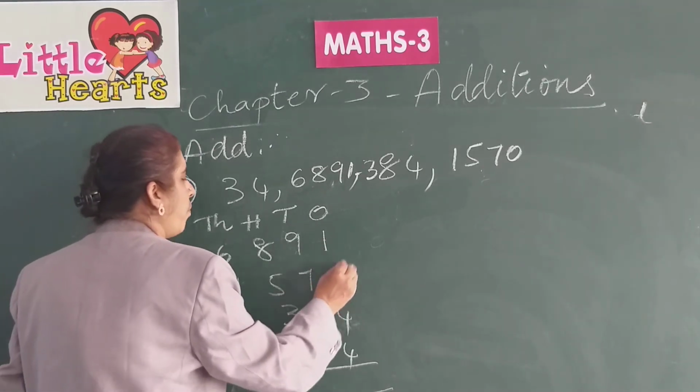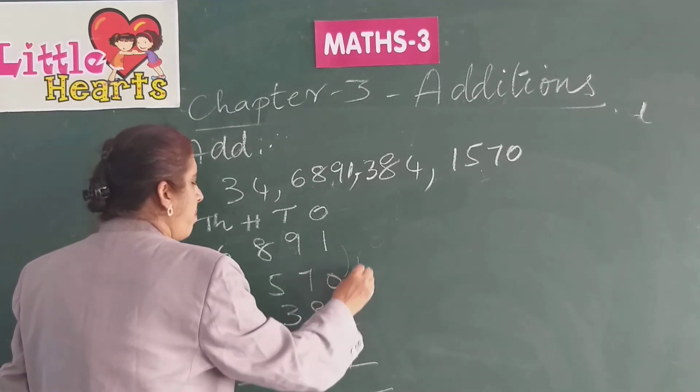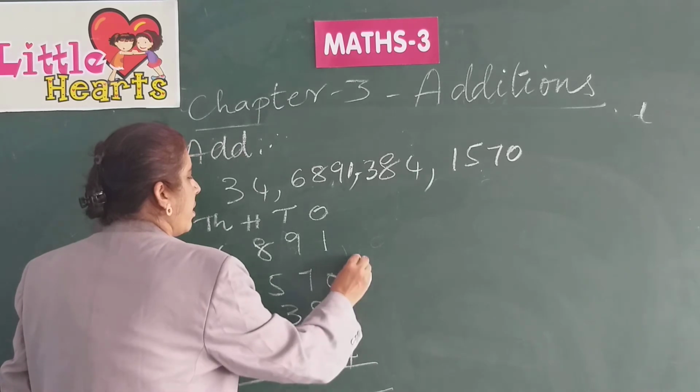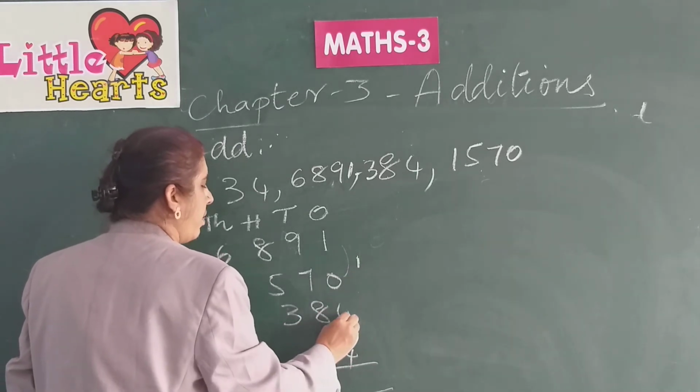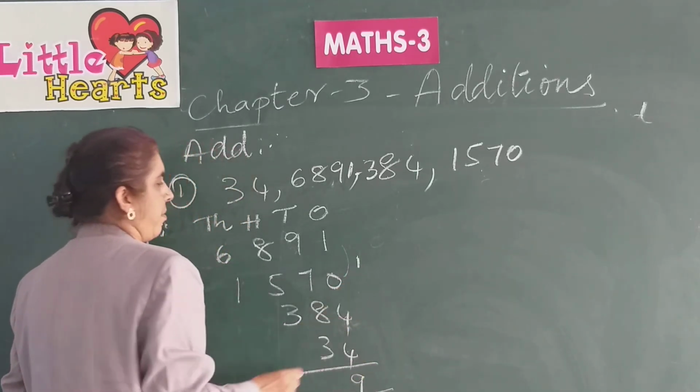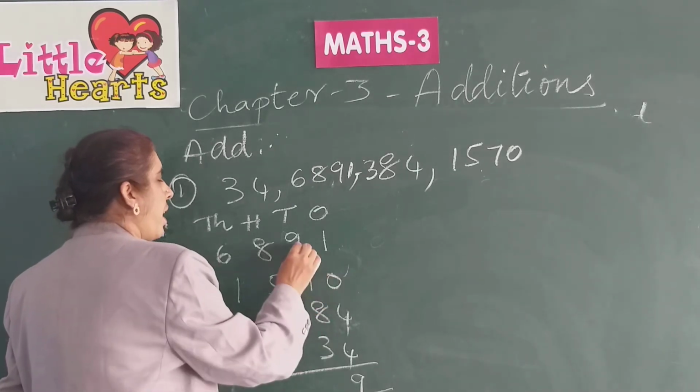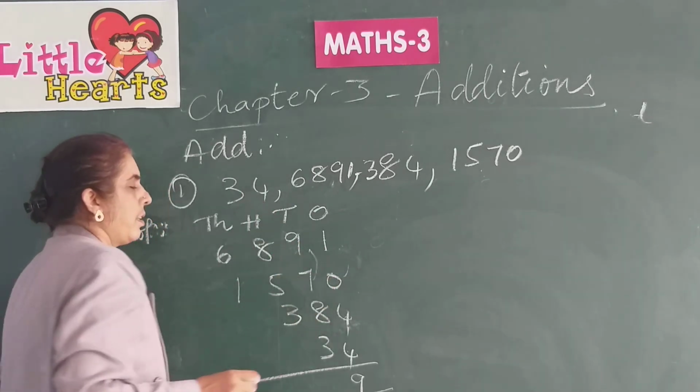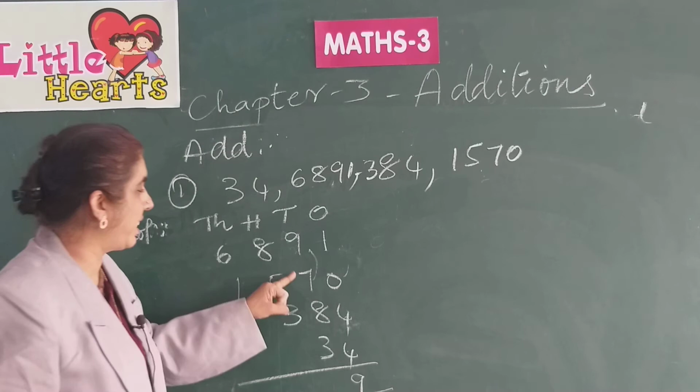1 plus 0, 1. 1 plus 4, 5. 5 plus 4, 9. Next 9 plus 7 is 16.